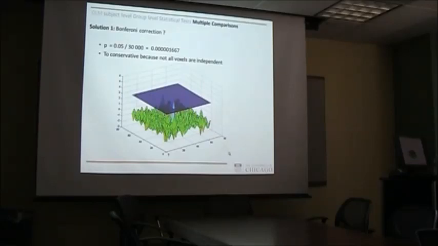Plus, anatomically, you smooth it to make sure the voxels next to each other are like each other, and of course, two voxels covering the amygdala should act more like each other than not. So, Bonferroni would be possible in theory, but for this reason it's too conservative.